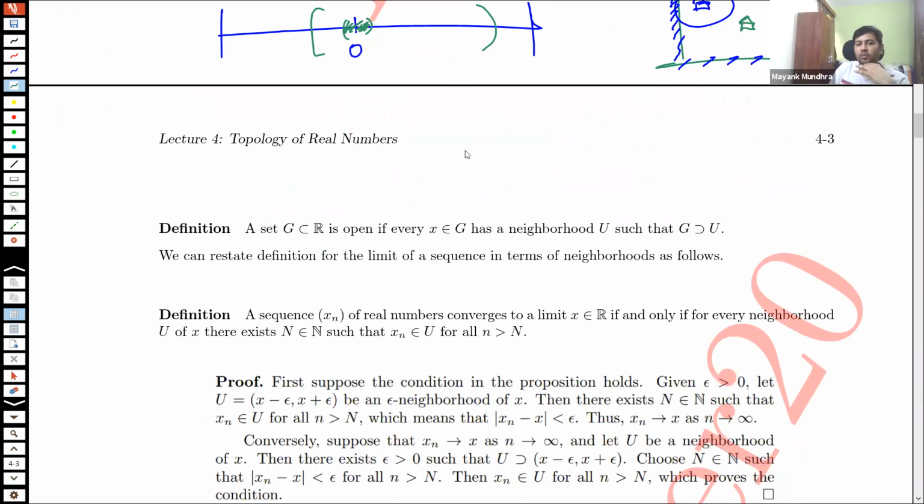So now what we are going to do is define some notions that we defined earlier in terms of neighborhoods instead of X minus delta to X plus delta.